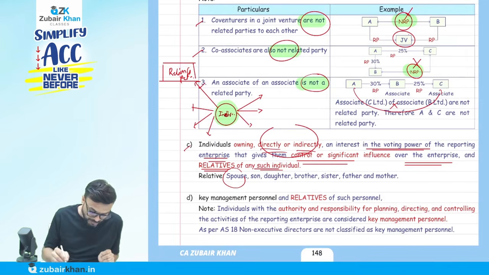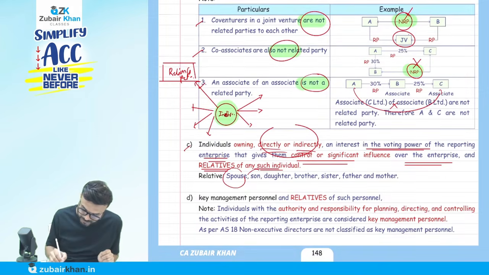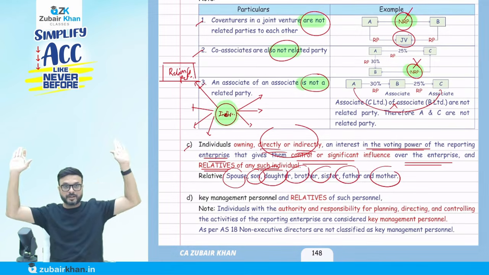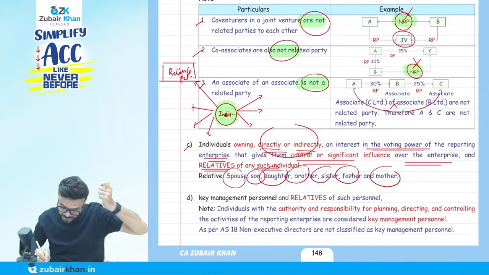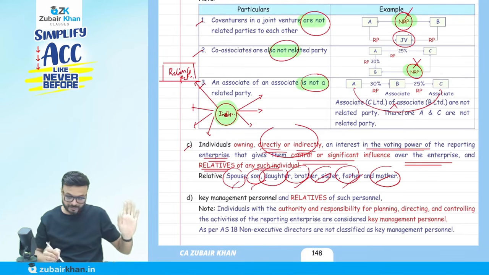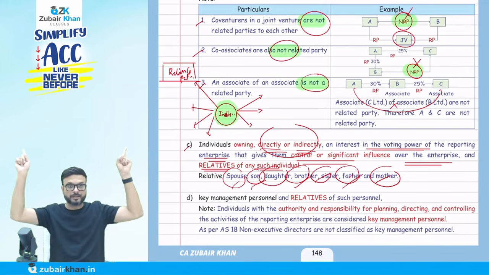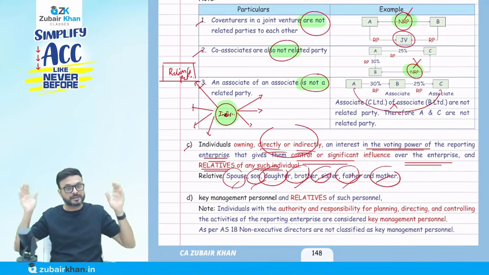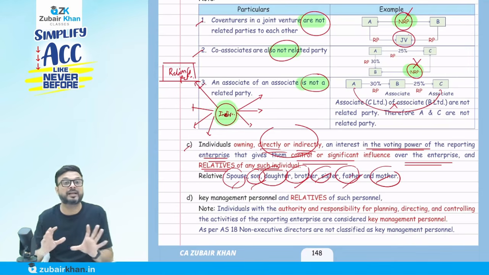The definition says son, daughter, brother, sister, father and mother. So father and mother, brother and sister, daughter and son and their spouse. This is the definition. So father and mother, brother and sister, spouse and kids, son and daughter are related parties here.